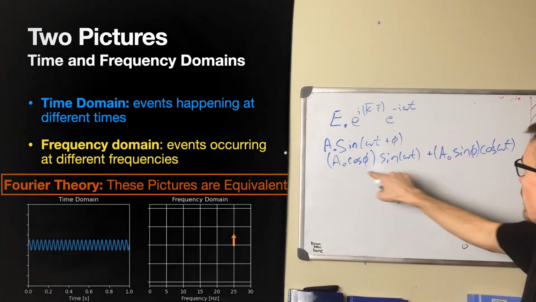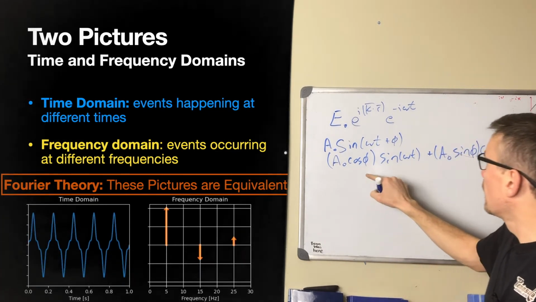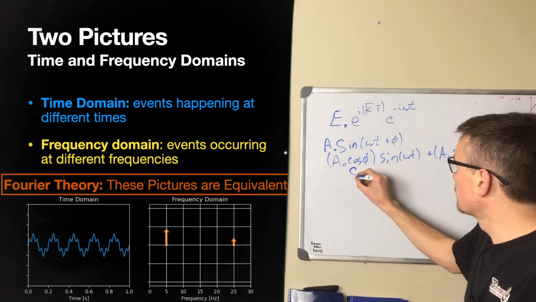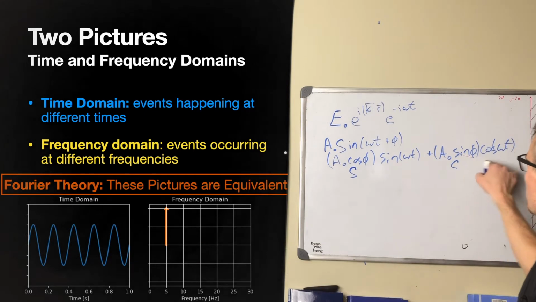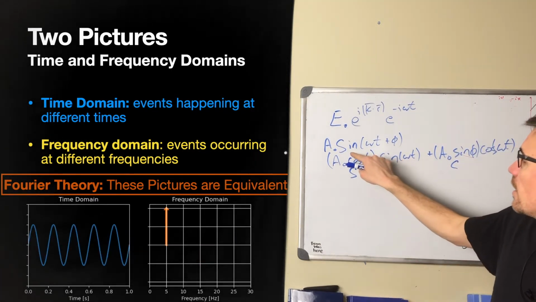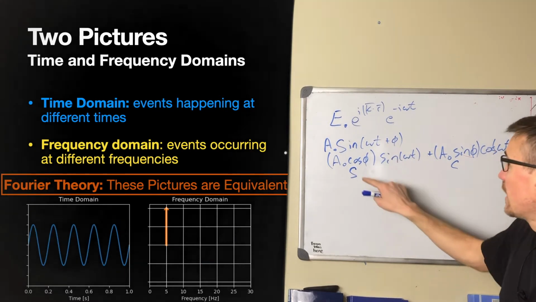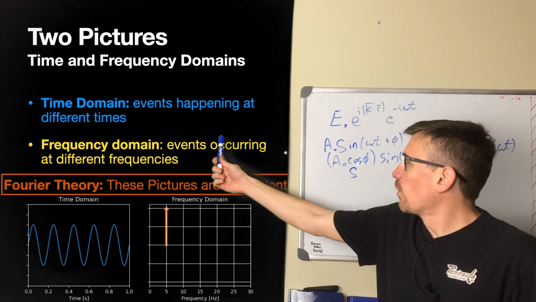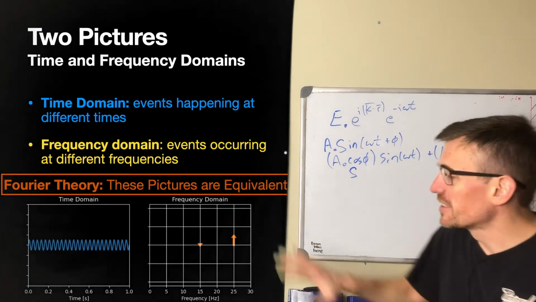So I can represent that as an amplitude of the sine part, we'll just call it S maybe, and C times cosine. So I can represent the sinusoidal function with any phase as 2 numbers, as a sine part and a cosine part, or say an axis this way and this way, to really keep myself honest.